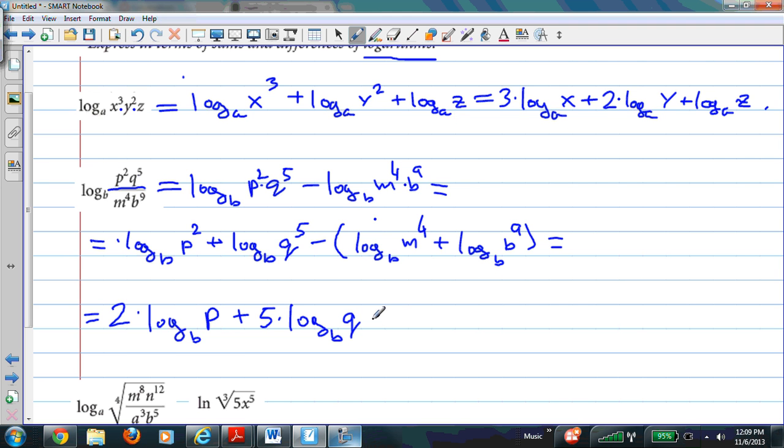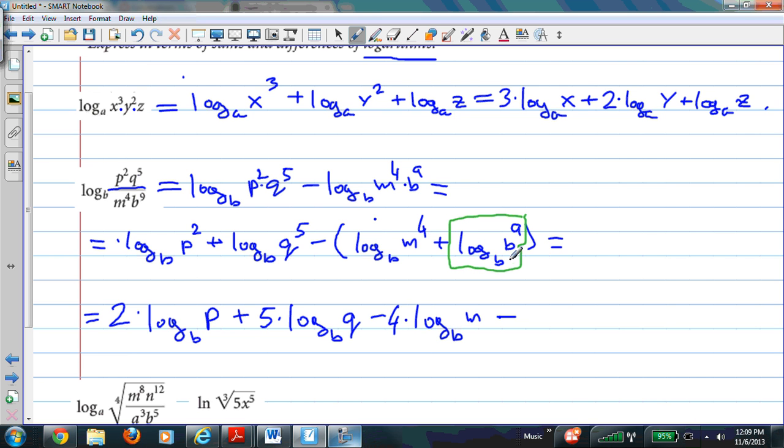Now distribute the negative times whatever this log is. I can bring the 4 down using the power rule, so 4 comes down, log base b of m, and then minus.